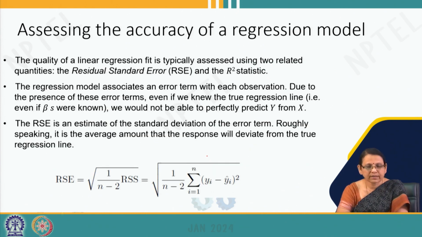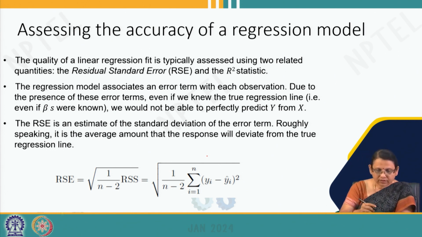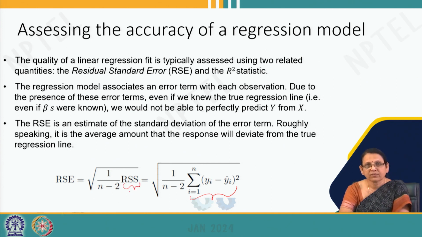So, the first point is about assessing the accuracy of the regression model. When we assess the accuracy of the regression model, as we have already seen, what were we trying to minimize? We were trying to minimize this residual sum of squares. That was the value of y minus the estimated value of y.